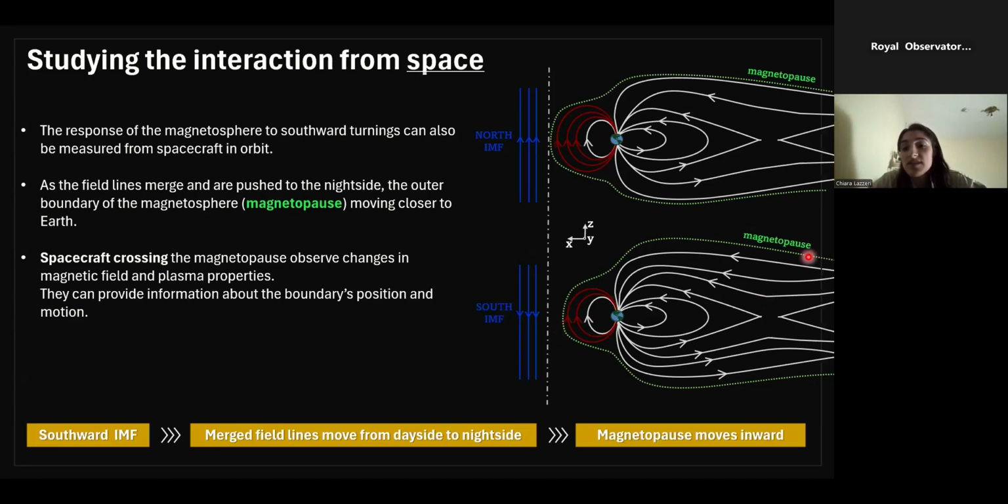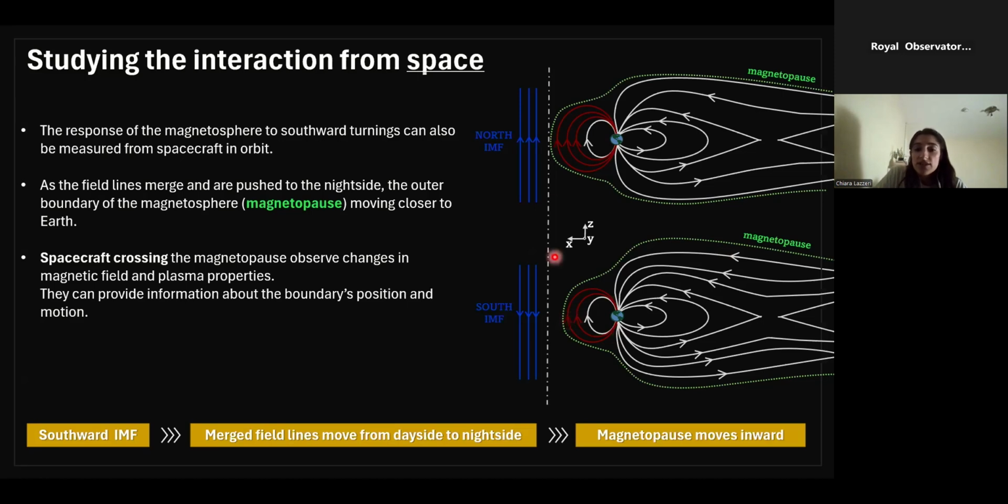So this magnetopause is basically the region where we have a balance between the solar wind pushing in and the magnetosphere pushing out. So this is quite important. And the change in distance of this boundary can actually be quite significant.